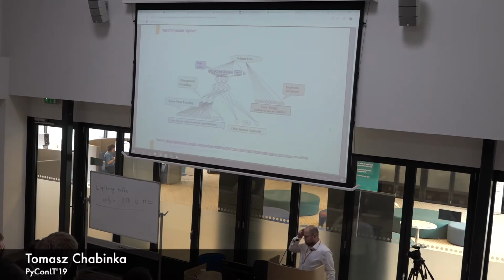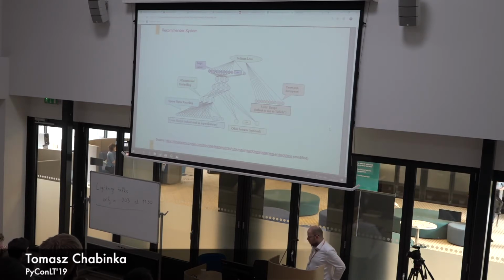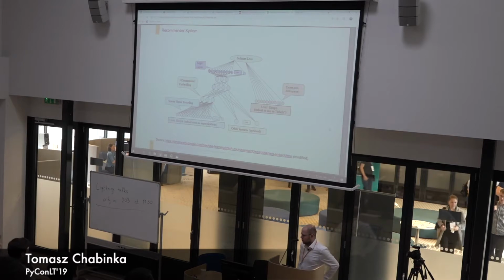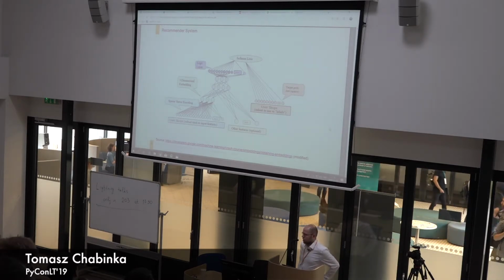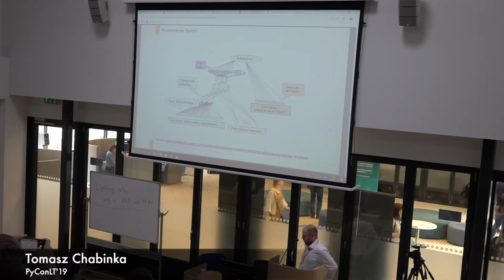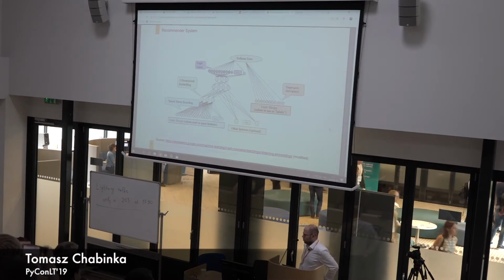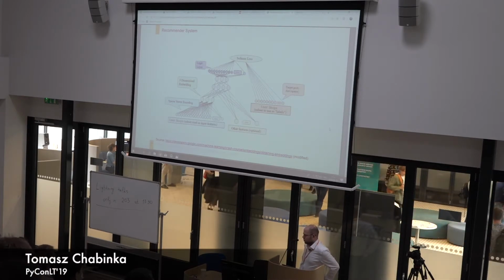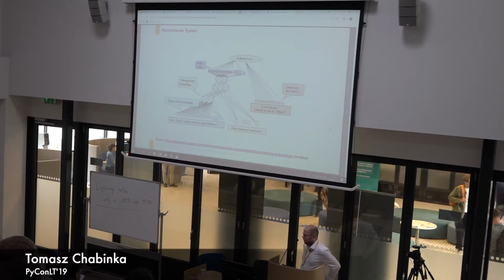And the third approach to training embeddings is in recommender systems. You can have this kind of neural network where in the input you have the one-hot encoded shops the user shopped in in the past, and you try to predict what shops the user will be shopping in in the future.